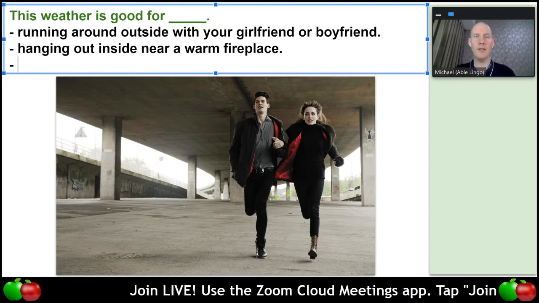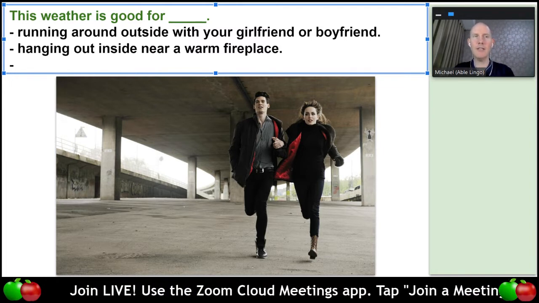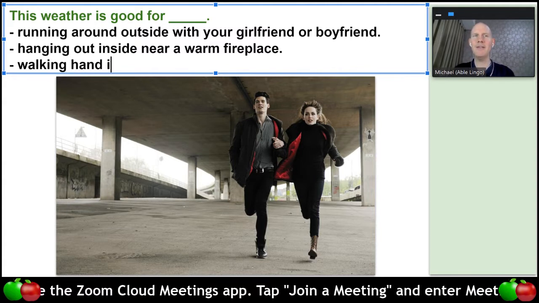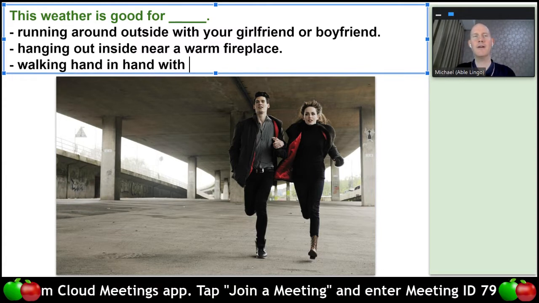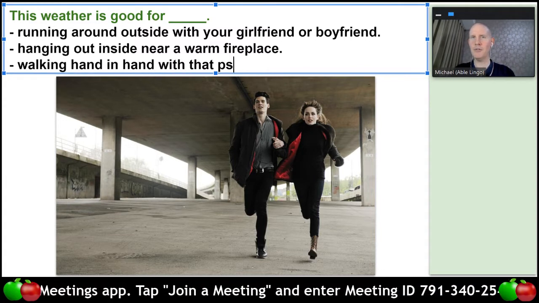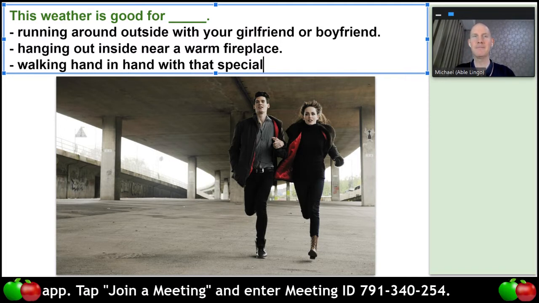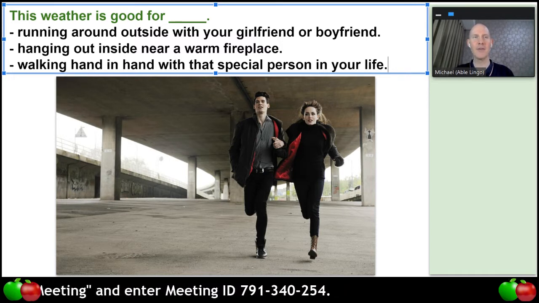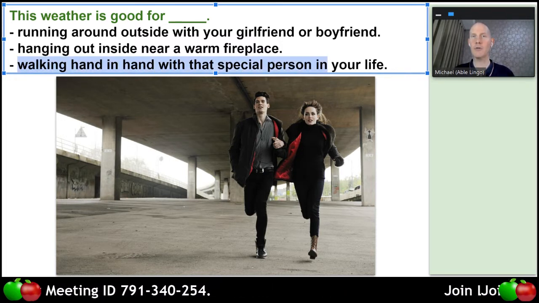Moduline says walking. All right, let's see. Can we make the sentence any longer, perhaps? Walking maybe hand in hand with that special person in your life? So this weather is good for walking hand in hand with that special person in your life?